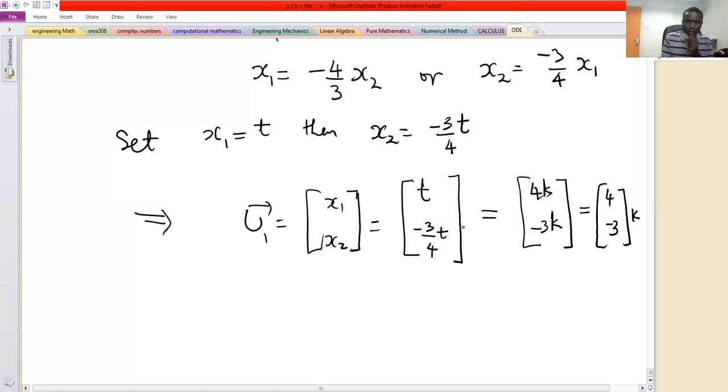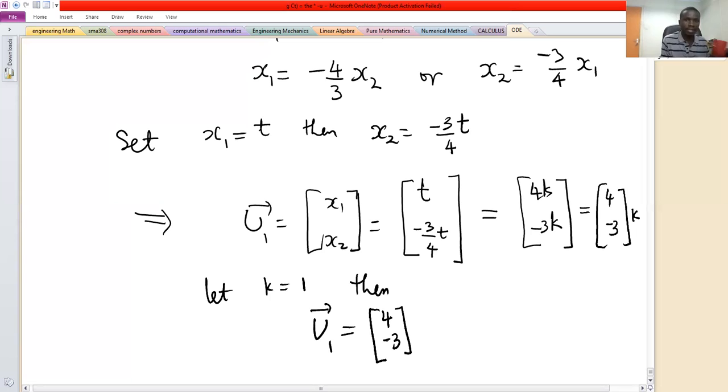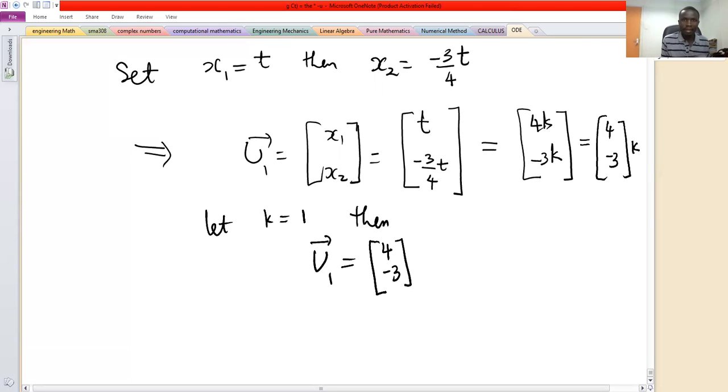Thus, when you set k to be 1, then u1 will just be 4, minus 3. So that is our first eigenvector.